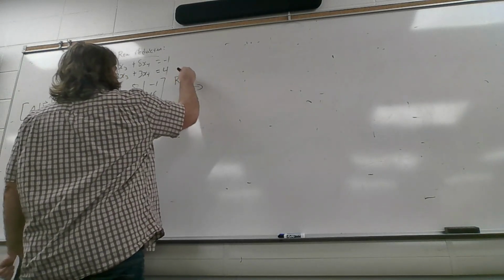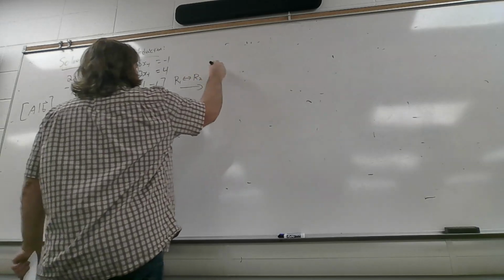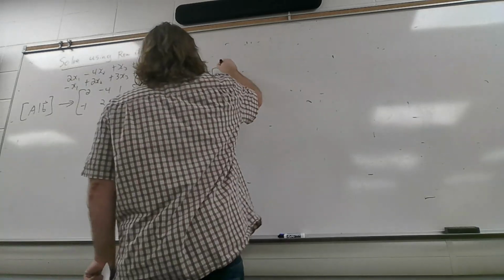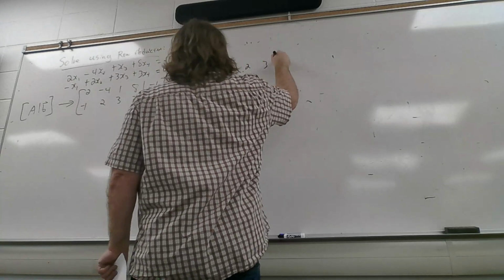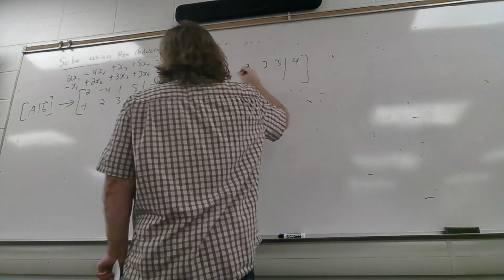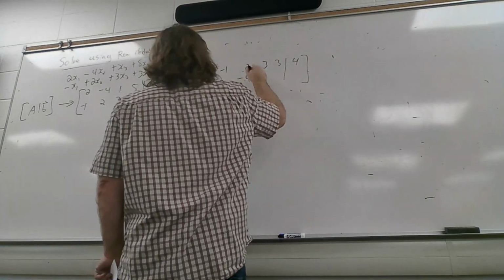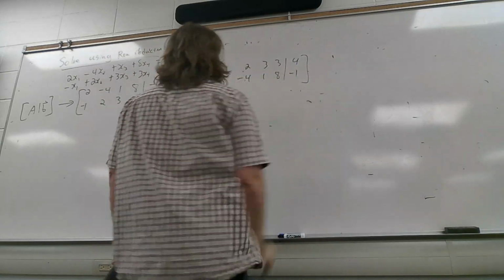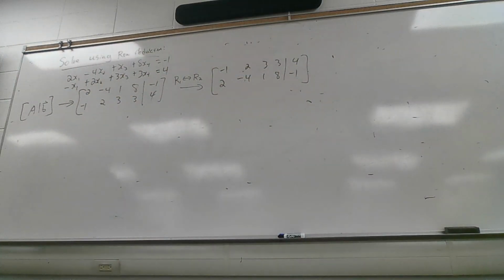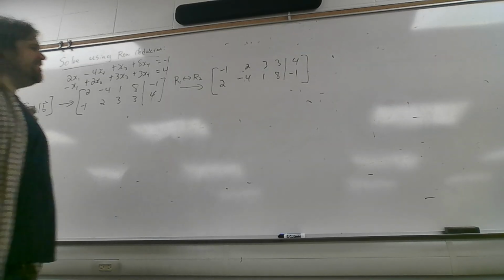So row 1, let's swap it with row 2. So we basically just swap them around. 2, 3, 3, 4. 2, minus 4, 1, 8, minus 1. All right. 1.5 marks now. We're really adding them up.